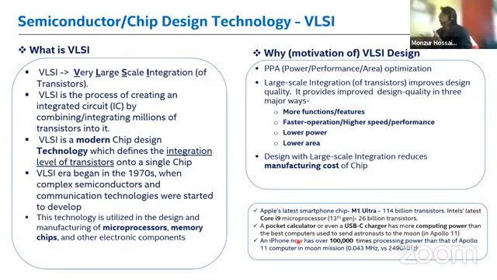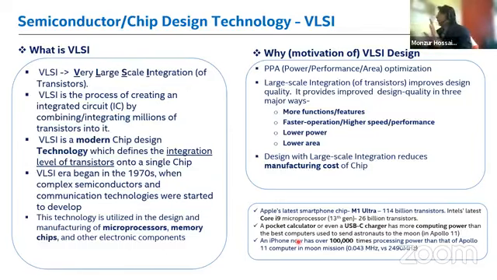In the old days, there was a very low number of transistors and a very high size. Large scale integration of transistors improves the design quality in 3 or 4 different ways. Because of it, you are able to put more and more functions and features in the same chip.